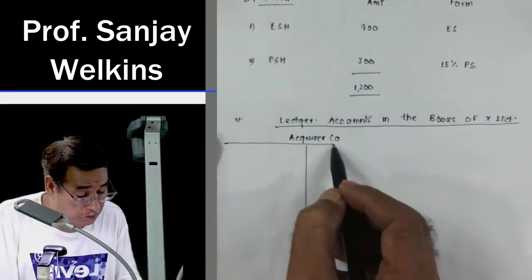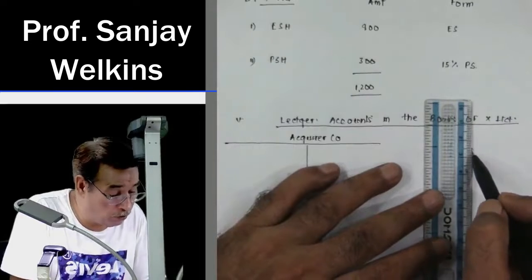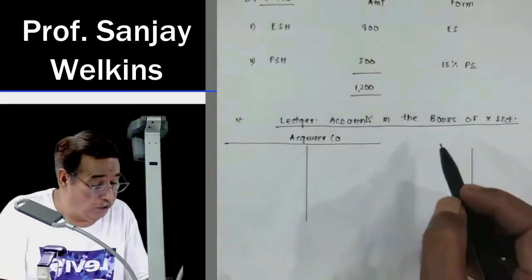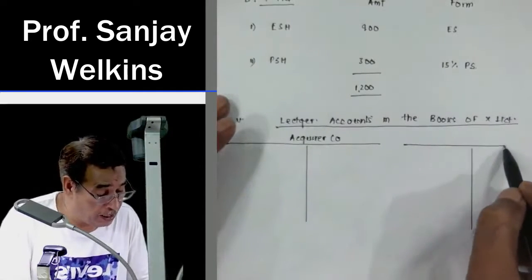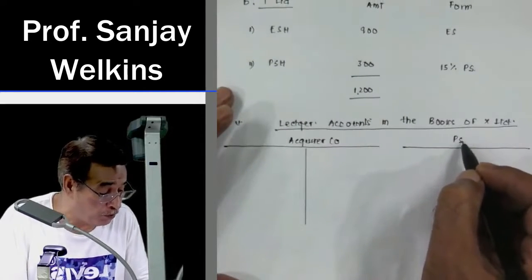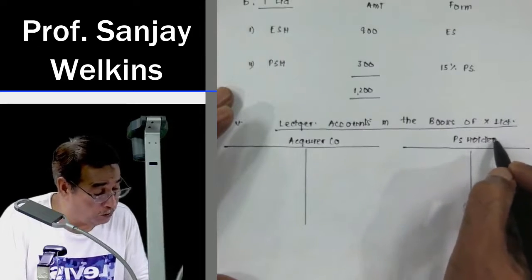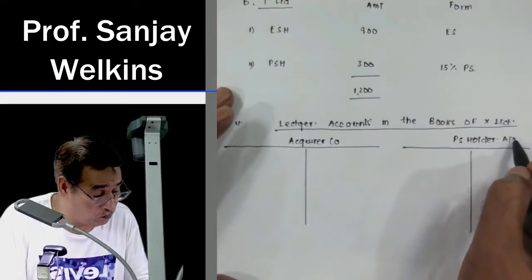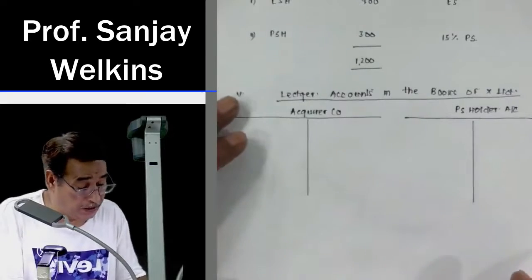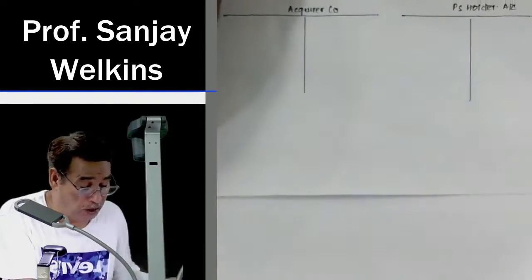Besides that, I will prepare the preference shareholder account also, because if the acquiring company has preference shares, in that case we shall have to prepare the preference shareholder account. Besides, I will have to prepare the realization account, which I will prepare for you.